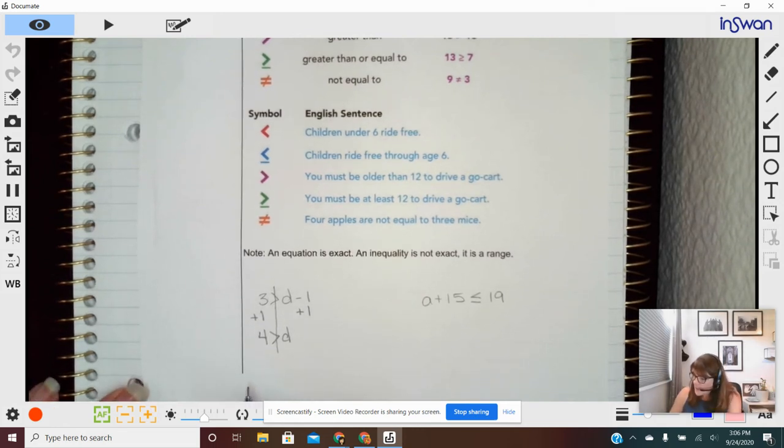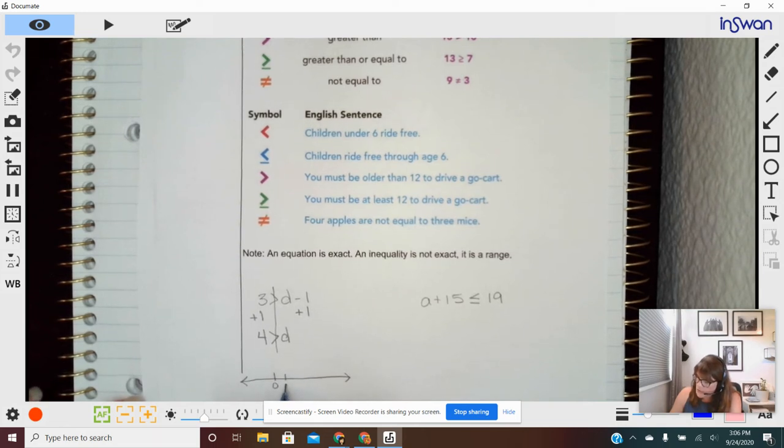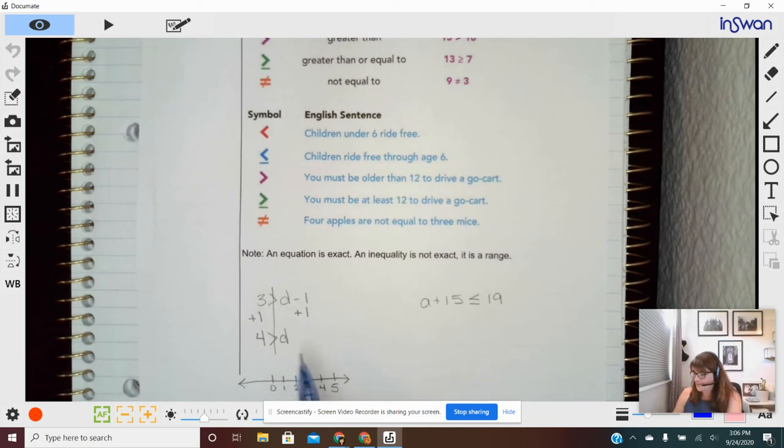Now I can draw a number line, and literally you can draw it yourself. It doesn't have to be fancy. Number lines do have arrows at the end. And you can put 0 wherever it's convenient. I'm going to put it a little bit over because I want to make sure to get to 4. And I'll just go one number above. So this says that 4 is greater than d.